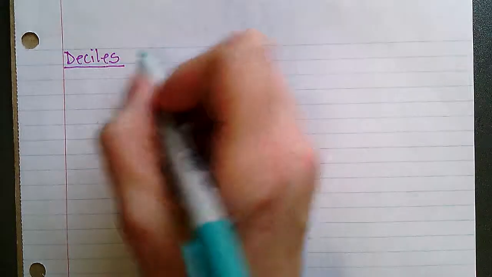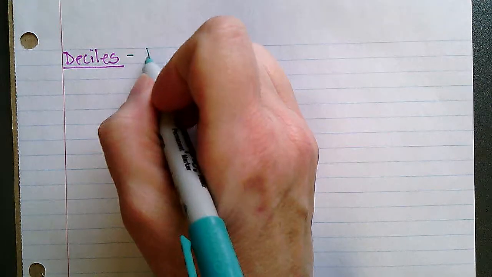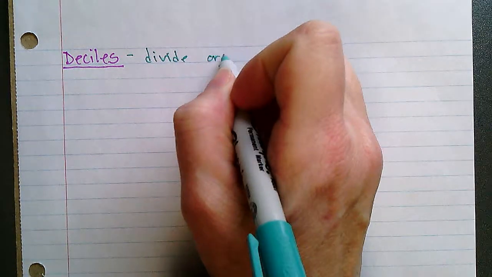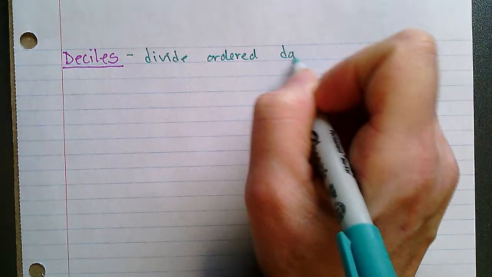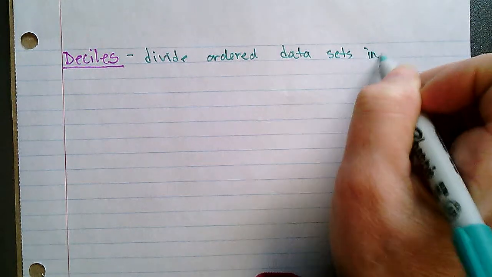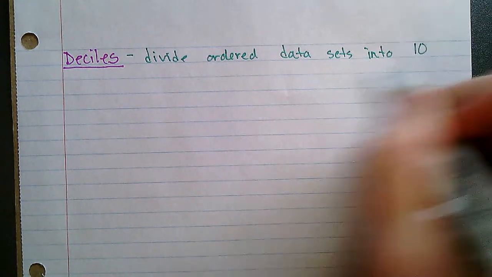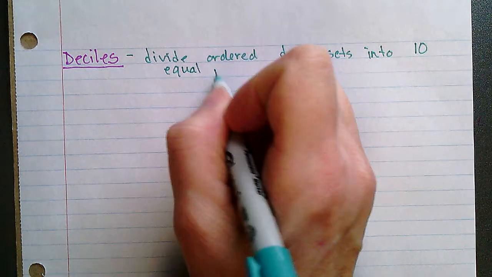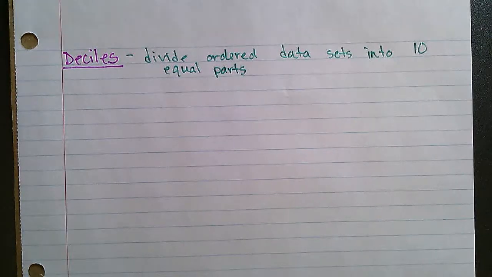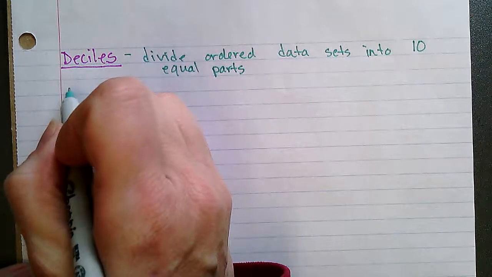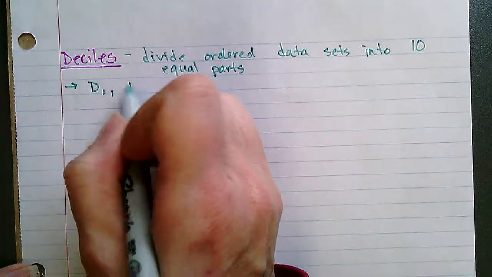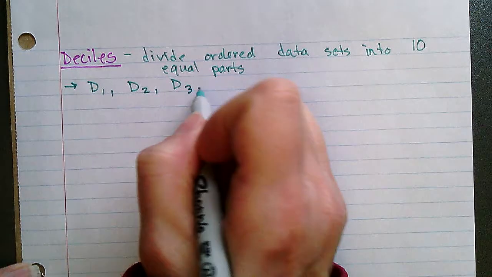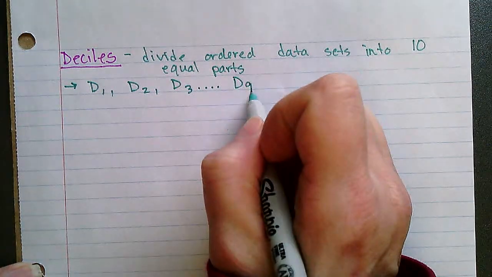Another way to measure the position of a data value besides using quartiles is to use deciles. Deciles divide ordered data sets into 10 equal parts. So instead of using Q1, Q2, and Q3, we're going to use D1 for decile 1, decile 2, decile 3, all the way up until decile 9.